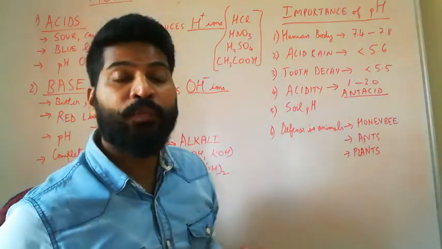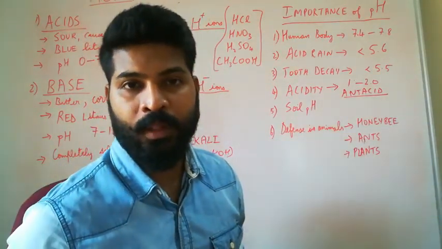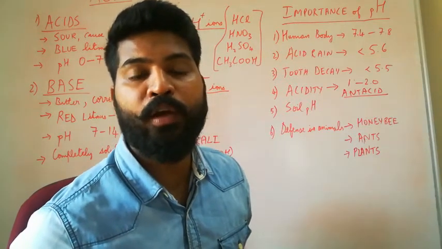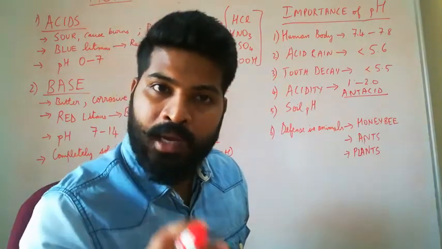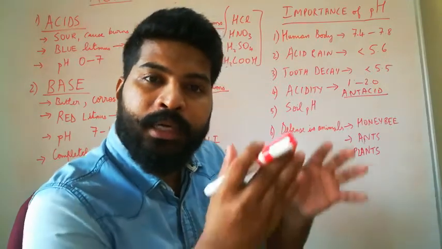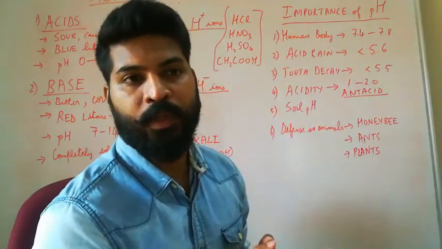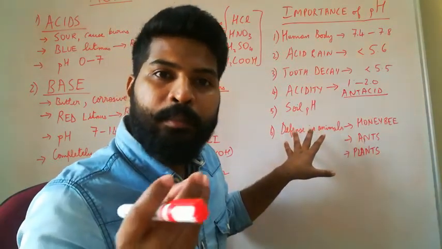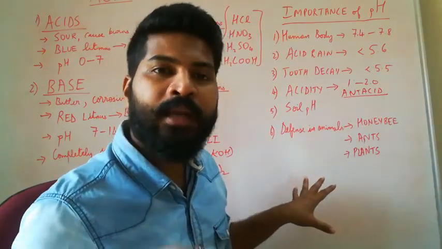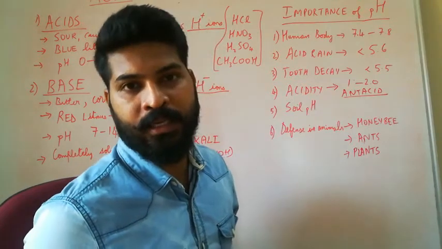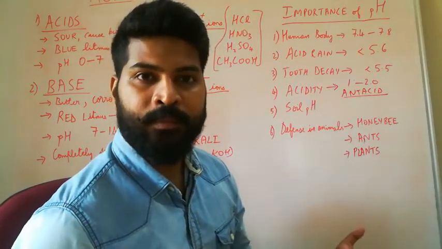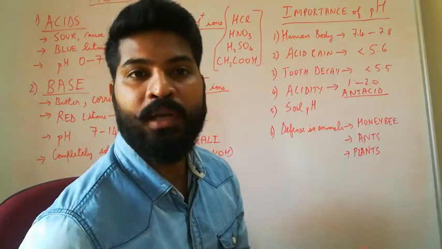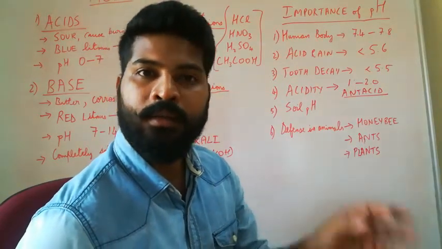The pH of the soil plays a very crucial role in the proper growth and development of plants. Certain plants can grow only in a particular pH range. So, ideally, what a farmer has to do is make a soil solution and check the pH. If it is too acidic, he can add limestone or calcium oxide to that to make it less acidic.